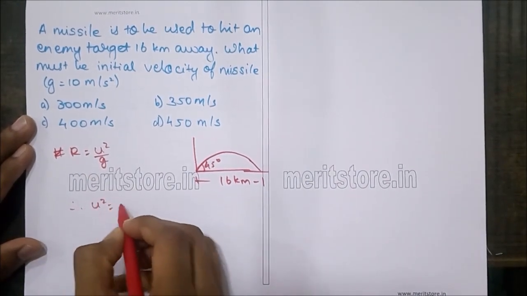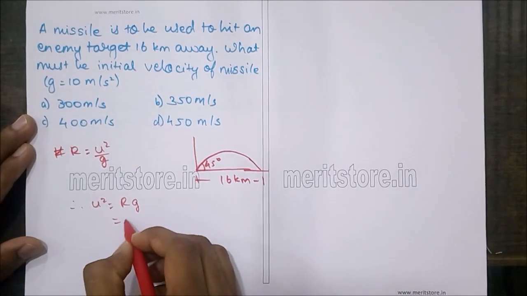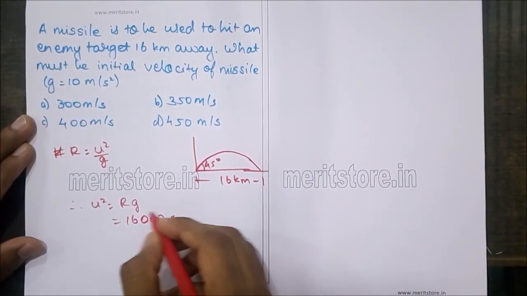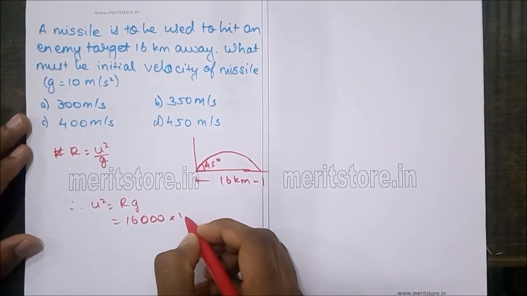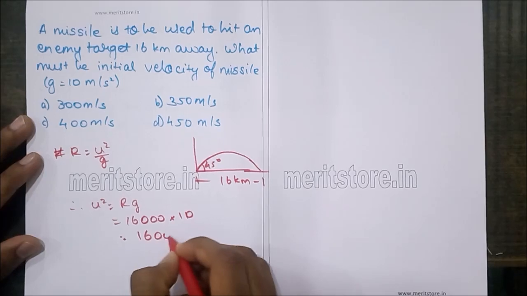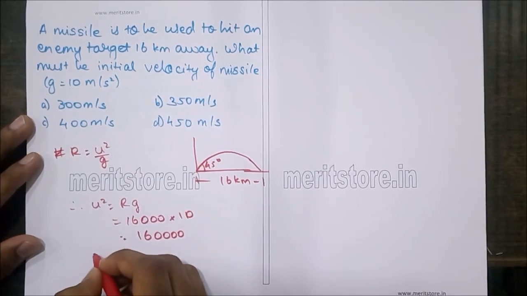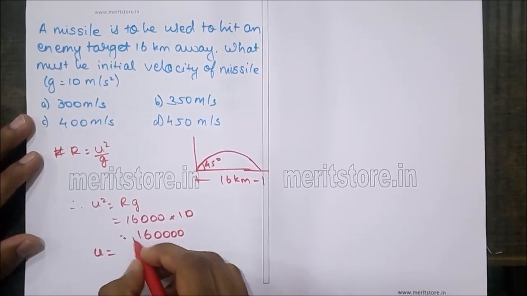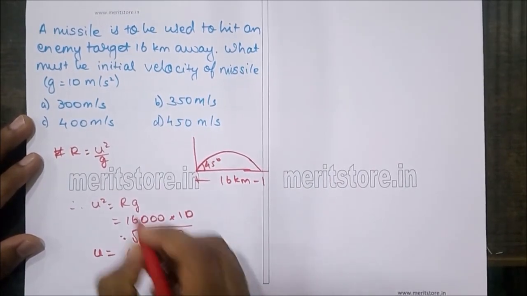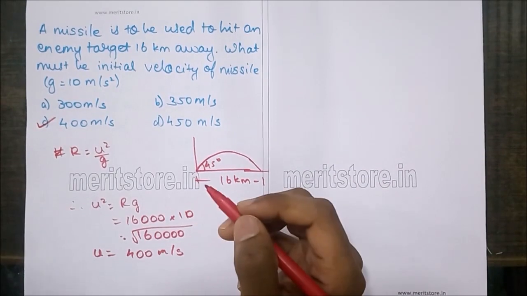Therefore, u square is equal to R times g, which is equal to 16 kilometers, written as 16,000 meters, into g, which is 10. So u is equal to root of 160,000, which is nothing but 400 meters per second. Hence, option C is the correct answer.